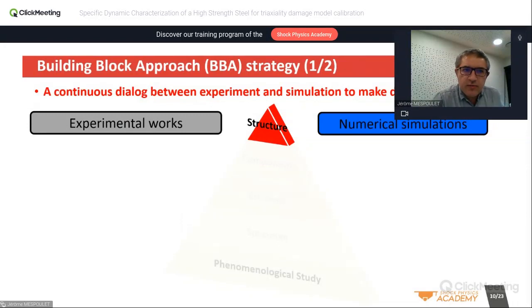So as I mentioned before, it is a continuous dialogue between experiment and simulation to make design more reliable. On the left, you will see the experimental work, on the right, the numerical simulations. So we start with the structures or the subsystems we have to design for our customers.